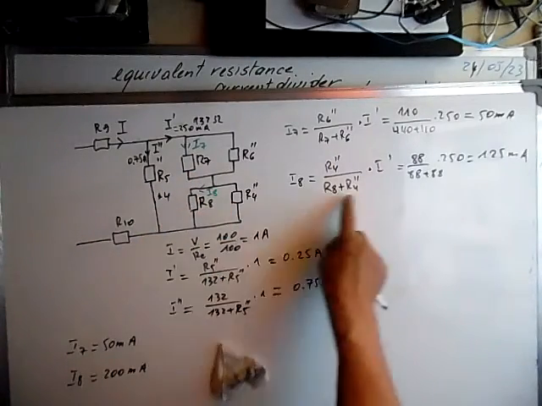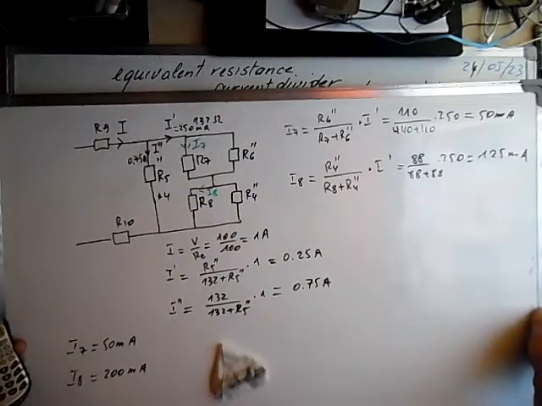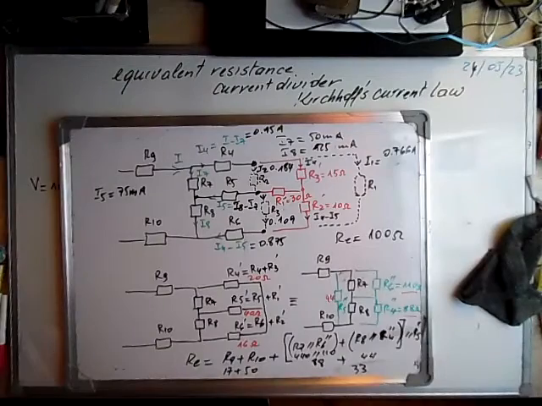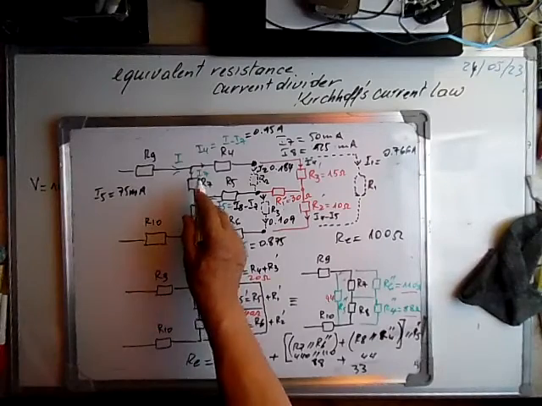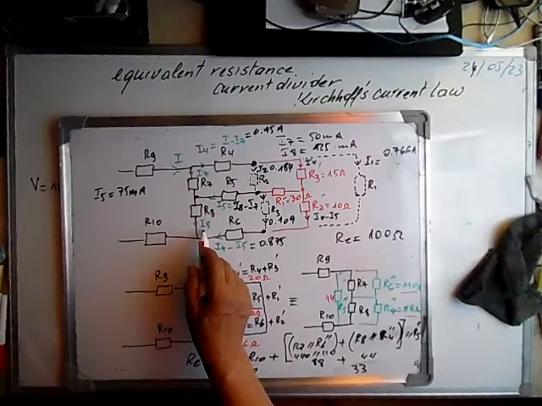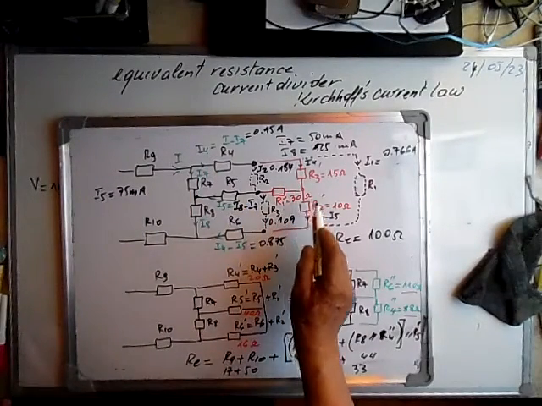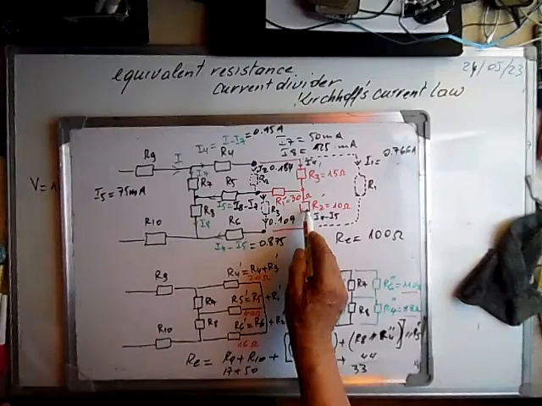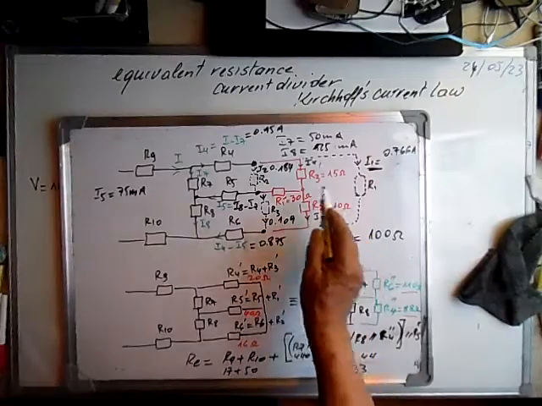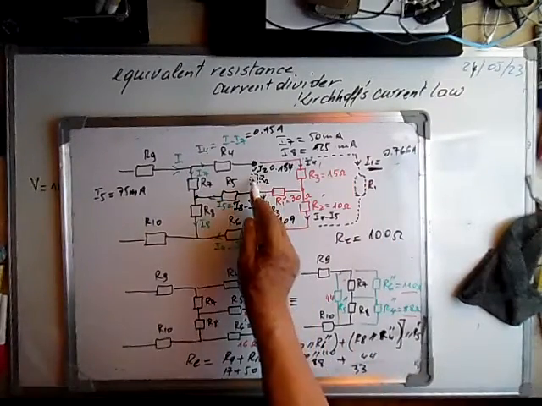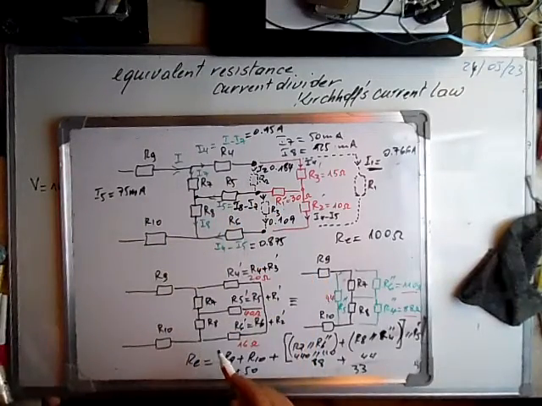From the current divider we calculated I8, and later from I minus I7 is I4, I8 minus I7 is I5. I4 times this resistance plus the drop in this resistance divided by R1 will give us this current I1, and now I4 minus I1 will give us I2, and I2 minus I5 will give us I3.